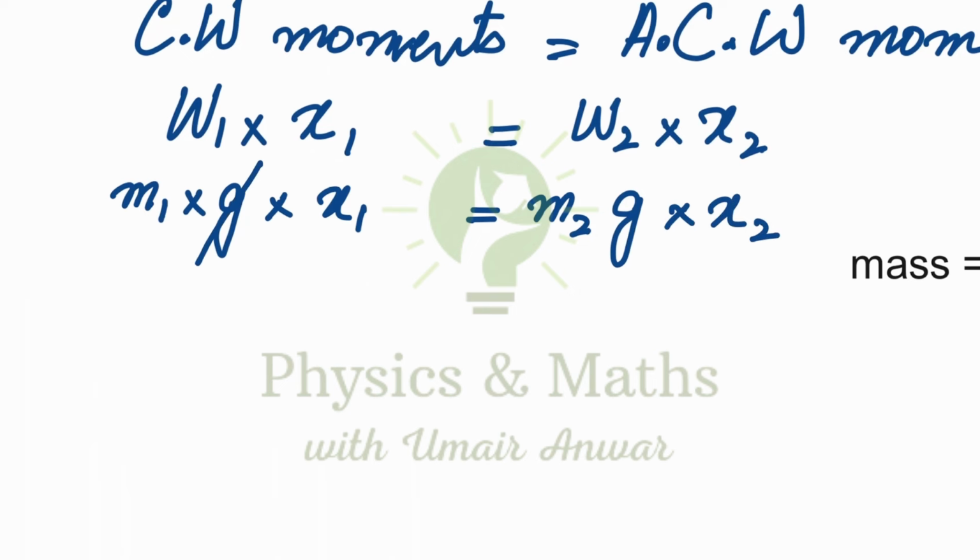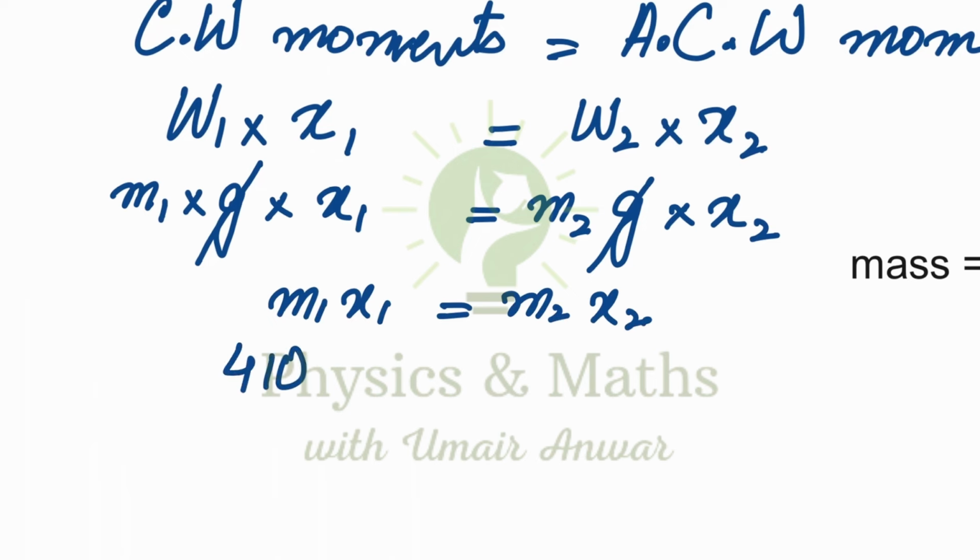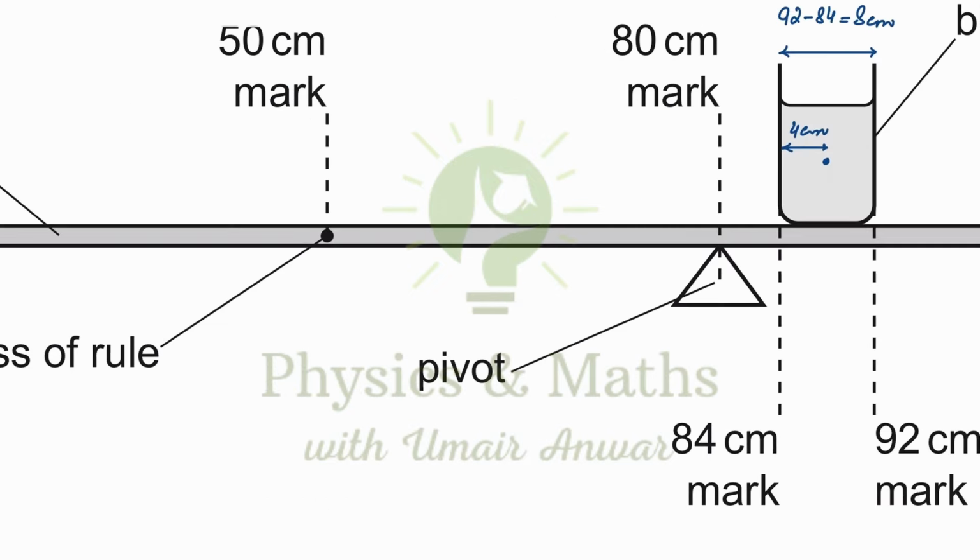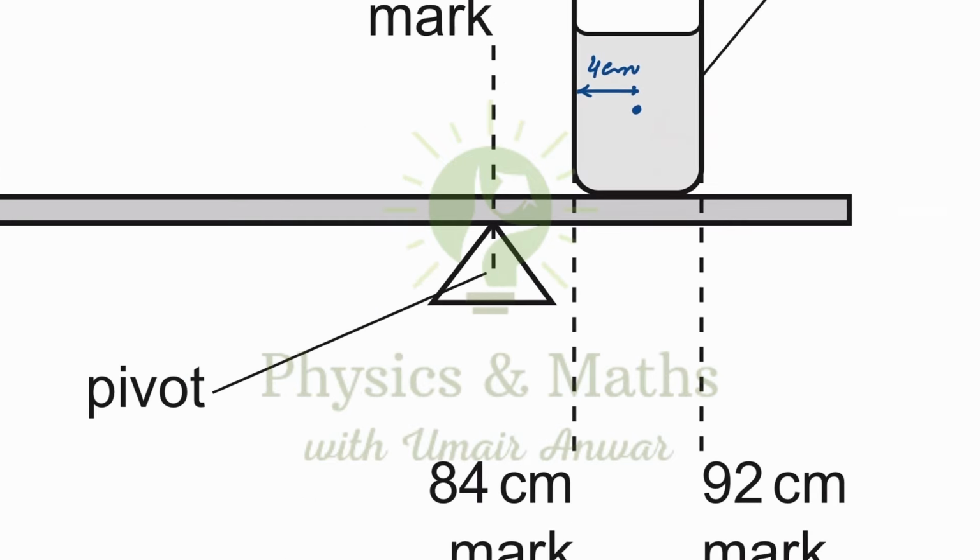Now this g is cancelled on both sides, so we are left with m1 x1 is equal to m2 x2. Now the mass of the beaker was 410 grams, and when we convert it into kilograms, we divide it by 1000, multiplied by the distance of the beaker from the pivot.